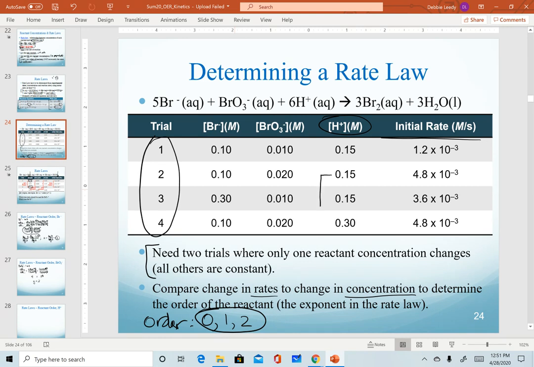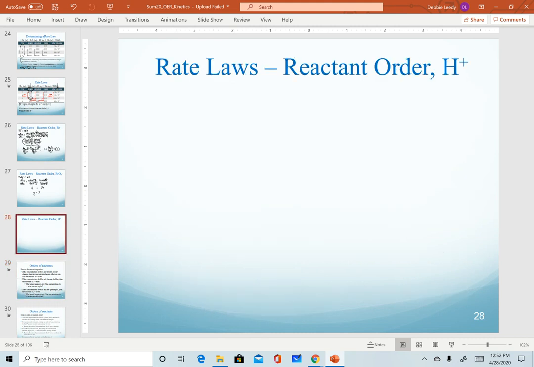Notice for this one, that's going to give us trials 2 and 4. Bromide is constant, bromate is constant, only hydrogen is changing. And so for hydrogen, we're going to use 2 and 4.